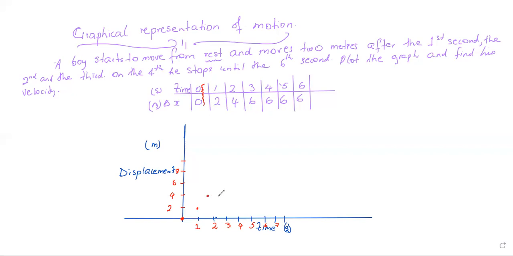At 3, the guy has just moved 6. At 4, the guy is still at 6. At 5, the guy is still at 6. At 6 the guy is still at 6.